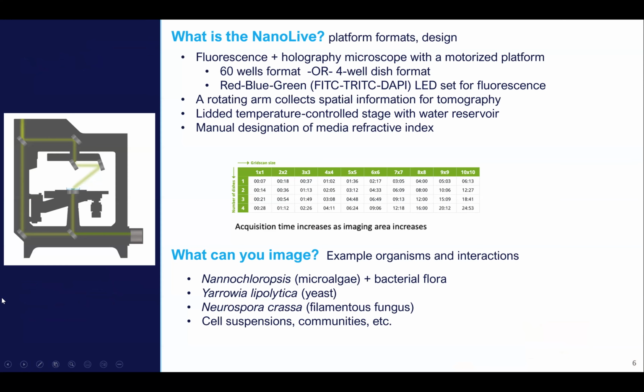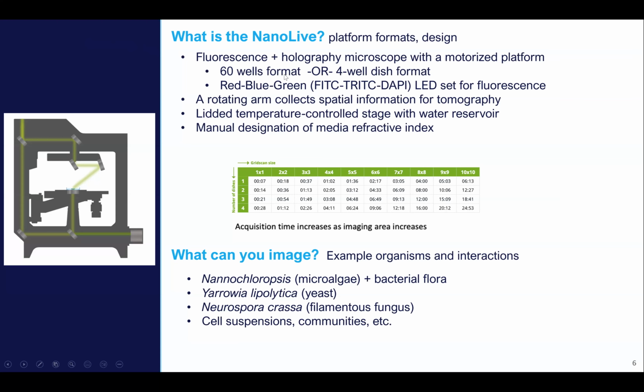All right, so let me give you a rundown of some of its capabilities. It has 2 different formats currently available. One is from a 96 well structure that you image the inner 60 wells. That is a volume of between 80 and 90 microliters for each sample. The other format is a 4-well dish format that contains between 1 and 2 milliliters of liquid with your sample in it.